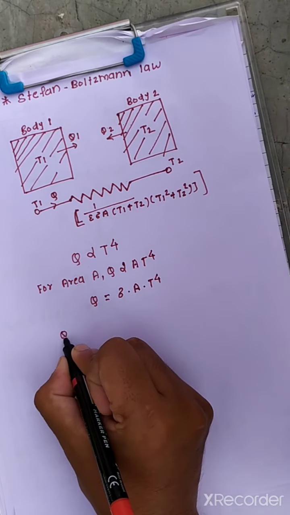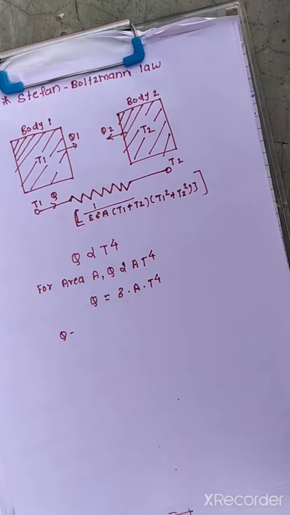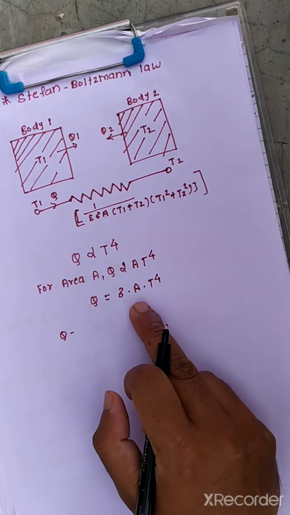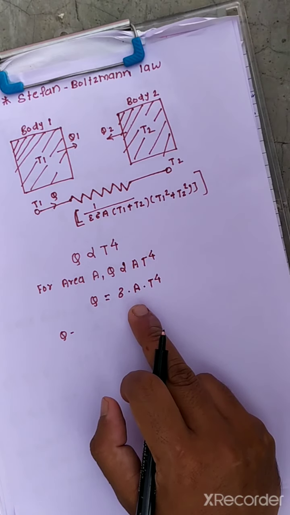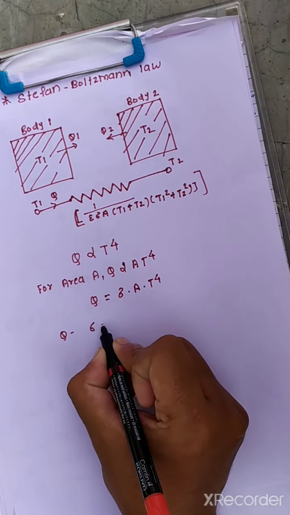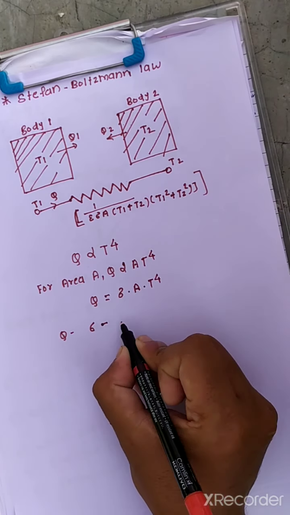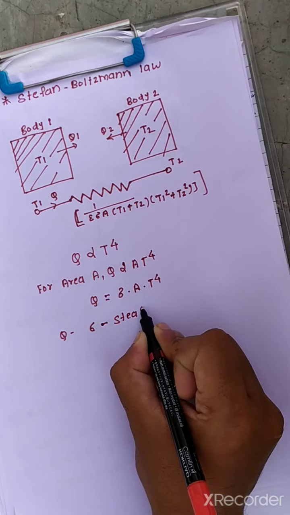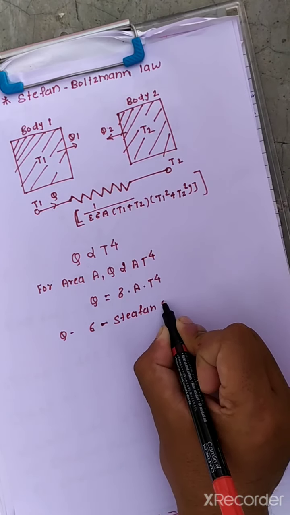Here Q is the emissive power, A is the radiating area, and sigma is the Stefan-Boltzmann constant.